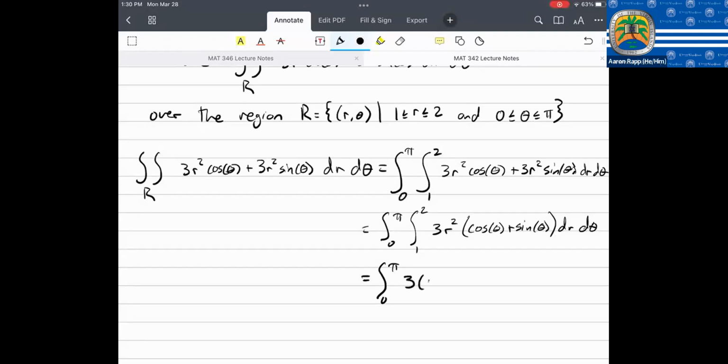So I'll have a 3 times a cosine of theta plus a sine of theta, and I would be multiplying it by the integral from 1 to 2 of r squared with respect to r. And then once I figure out what that is, take it, multiply by this stuff that I pulled out, and then integrate with respect to theta.